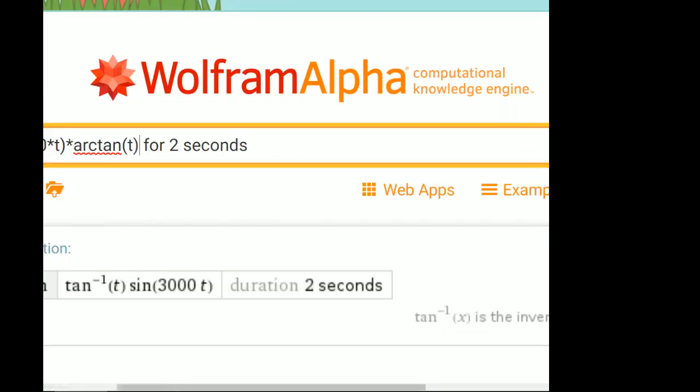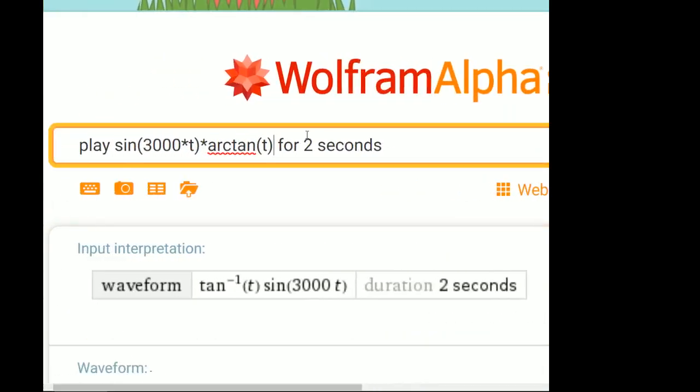You can also view it as a complex representation. You know that sine is the imaginary part of an exponential: exponential of i times 3000 t.